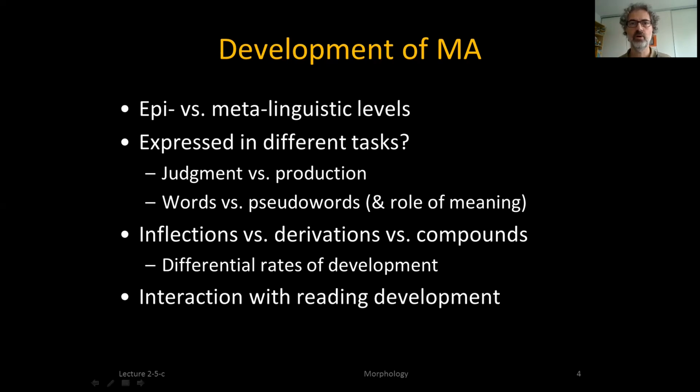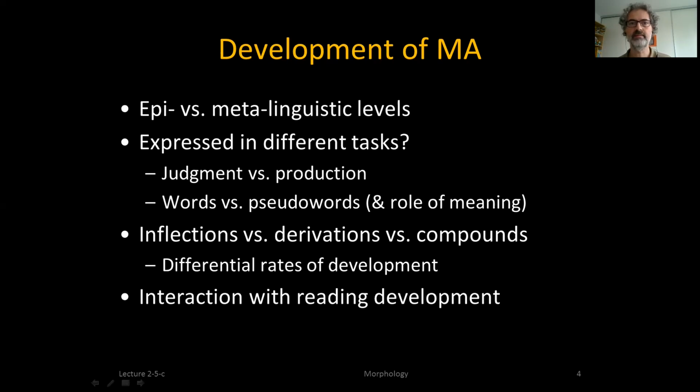Simpler tasks only requiring attention and comparison or judgment on morphological elements are used to test epimorphological awareness, whereas more demanding tasks requiring manipulation and production can be used to test metamorphological awareness.